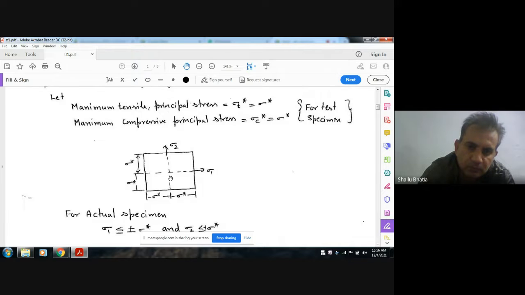So in one direction, the maximum principal stress sigma 1 should not exceed sigma star.